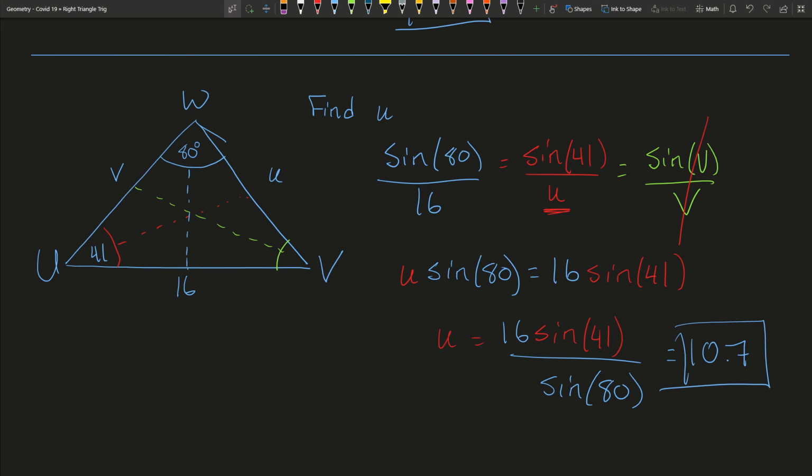Questions on this example? I'll leave this open for the next minute or so.